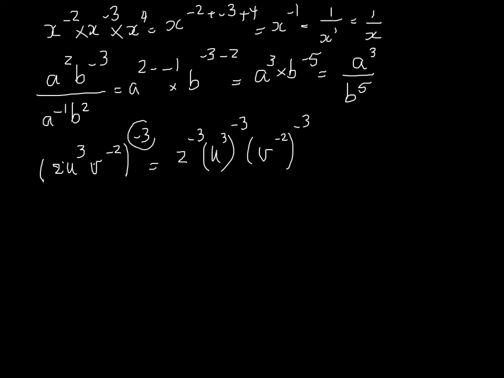Again, negative 3 goes for each term. 2 exponent negative 3 is going to give me 1 over 2 exponent 3 to make it positive.